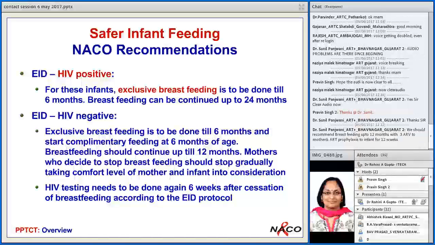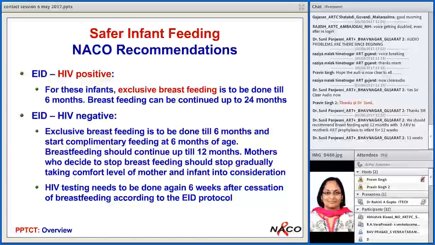That is, the complementary feeding which we start at 6 months needs to be gradually increased so that the baby is taking a well nourished diet, and then the breastfeeding can be weaned.